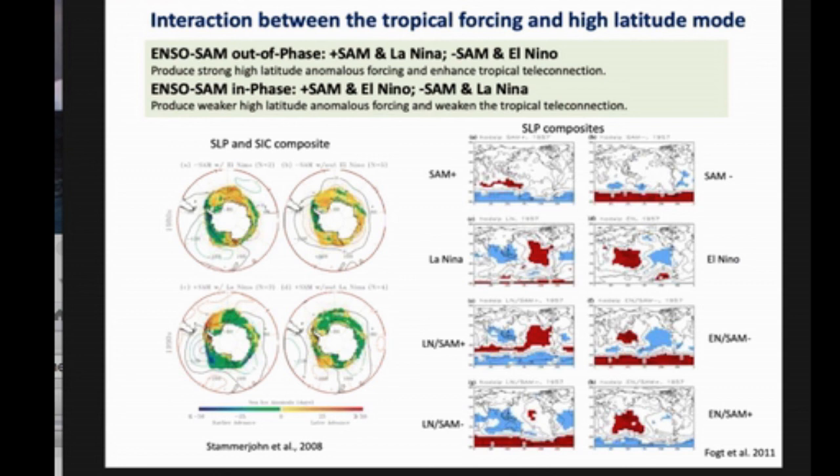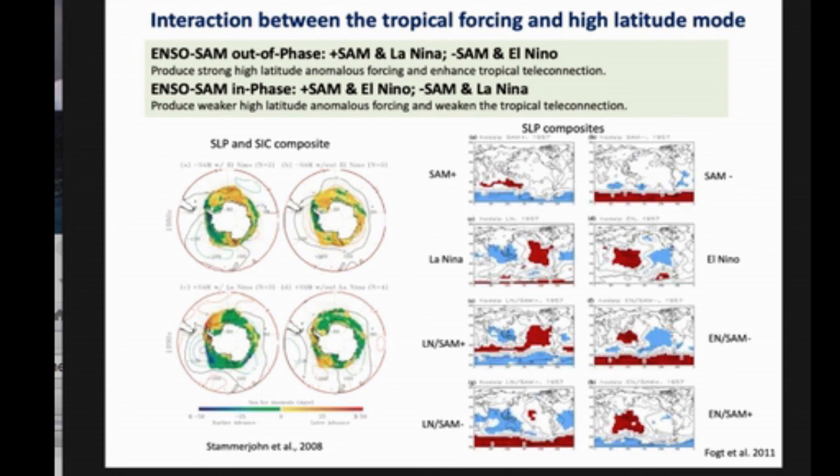Fogt et al. in 2011 did this study. They focused on atmospheric circulation. They separated the impact on the sea level pressure field from El Nino and SAM out of phase and ENSO and SAM in phase. So there are two scenarios.